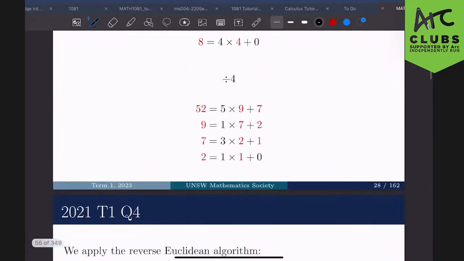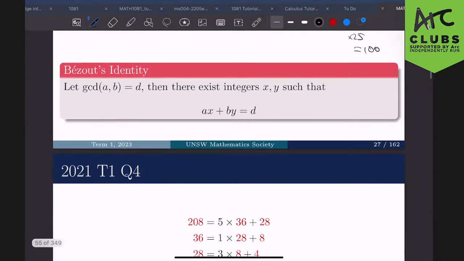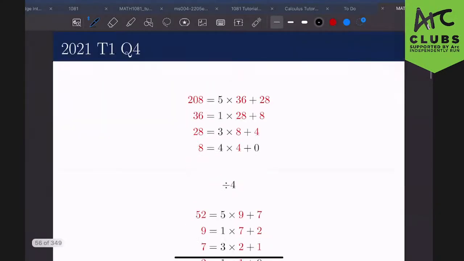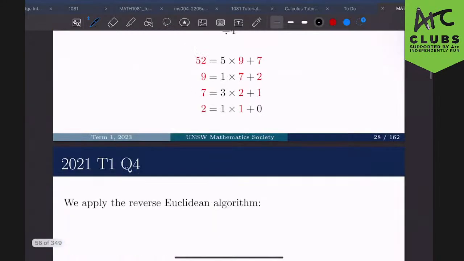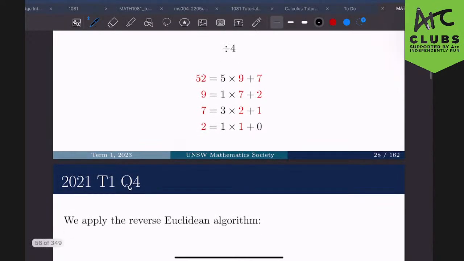So now that we've done that, in order to find the integers x and y such that it will equate to the GCD, we have to apply the reverse Euclidean algorithm, which, as the name suggests, is the Euclidean algorithm in reverse. Basically, we start from this bottom line.